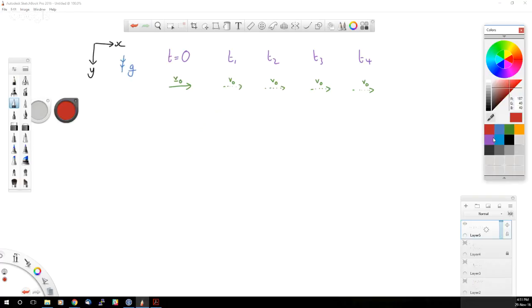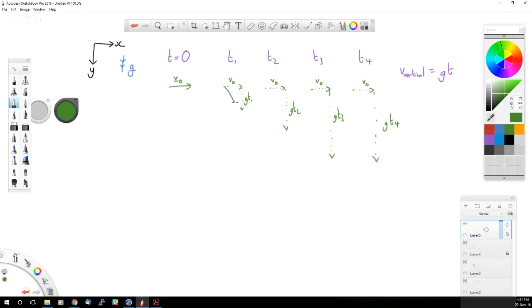We start off with 0 vertical velocity, so at all times the vertical velocity is equal to the acceleration times the time. So if I draw here, we've got gt1, gt2, gt3, gt4.